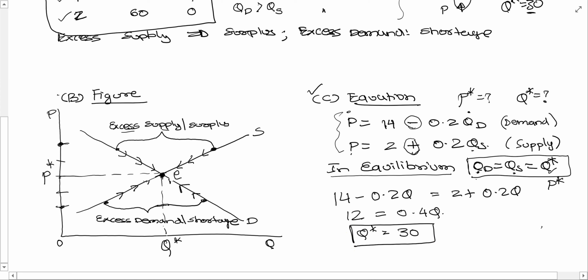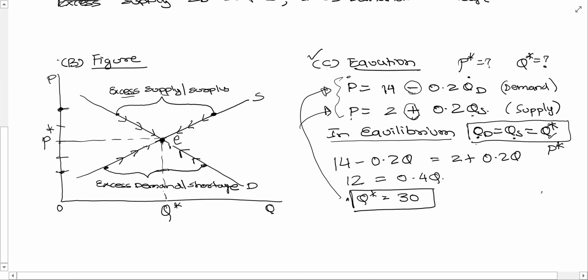Now we can use this Q star information and plug it into either the demand equation or the supply equation and get your P star. So P is equal to 14 minus 0.2 times Q star, which is 30. You will get equilibrium price equal to 8.